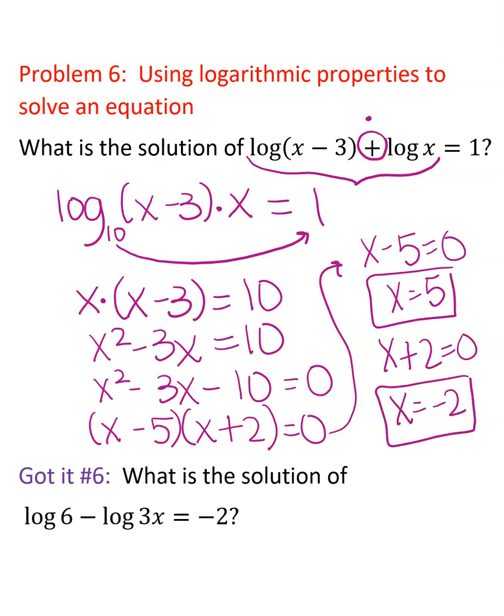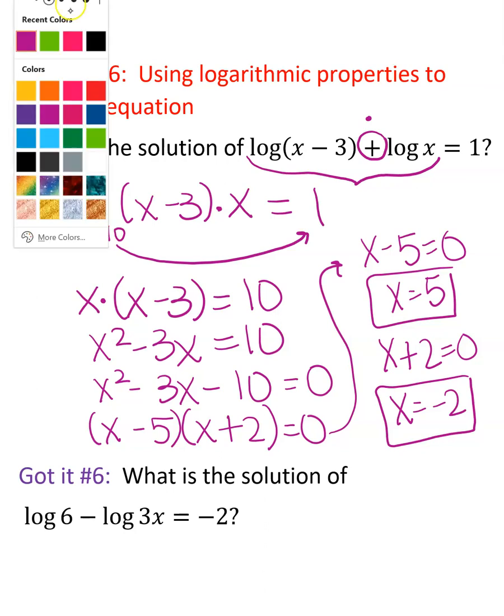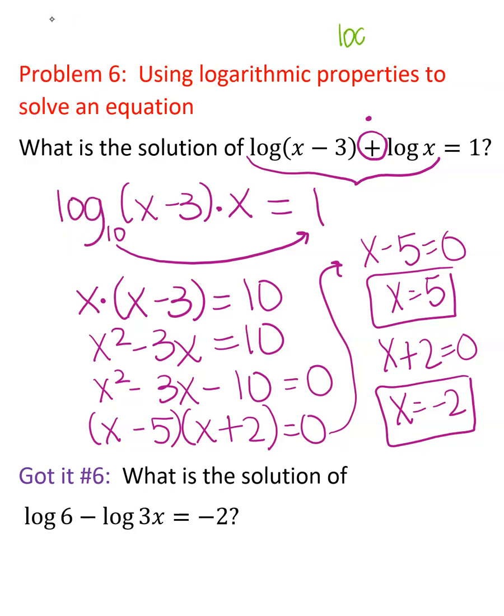Now, when you're solving these equations, you definitely have to throw them back in to check out if they work. So what we're checking for here is, I'm going to do this above, log 5 minus 3 would be log 2, plus log 5 should equal 1. So you can plug that into your calculator. Log 2 plus log 5 hit equals, it should be 1.